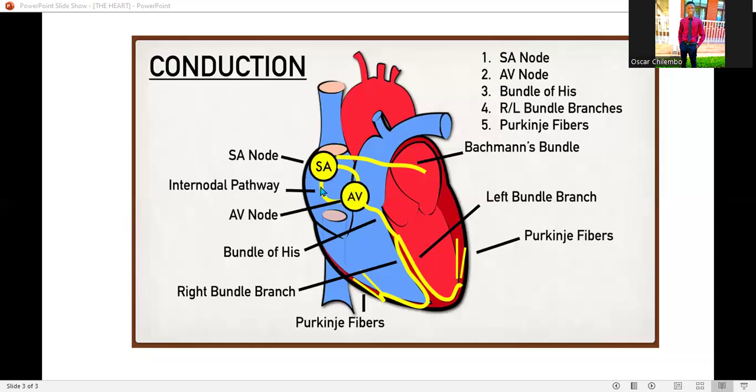Then the atria contract, they push blood into the ventricles. By then, it means that the AV node has now transmitted an impulse to the bundle of His. The bundle of His is also able to generate its own action potential, but the rate is much lower than the rate of the AV node. Guess the rate at which the bundle of His transmits this electrical impulse.